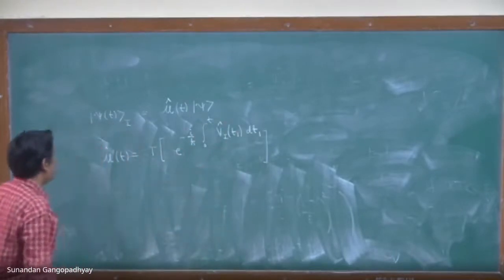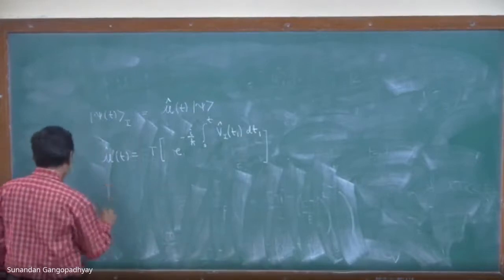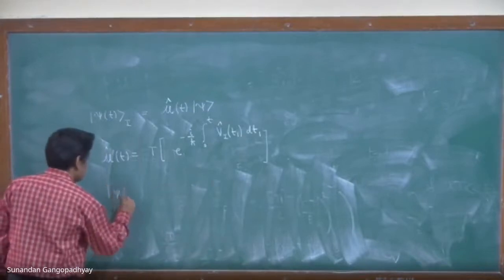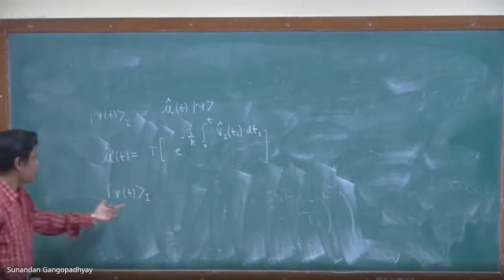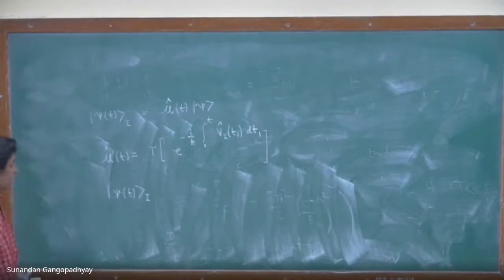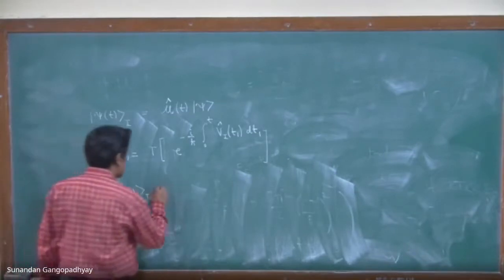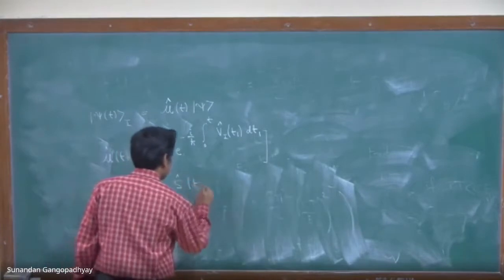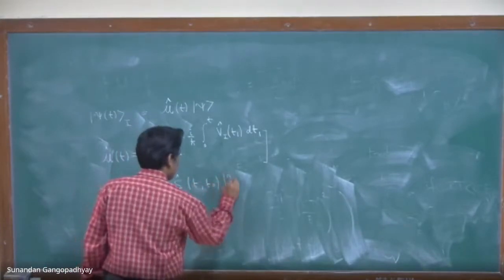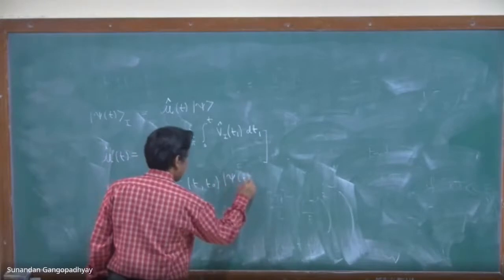Now what we shall do today is introduce another operator. So this is the state psi t in the interaction representation. You can write it down as U hat t comma t naught psi t naught.